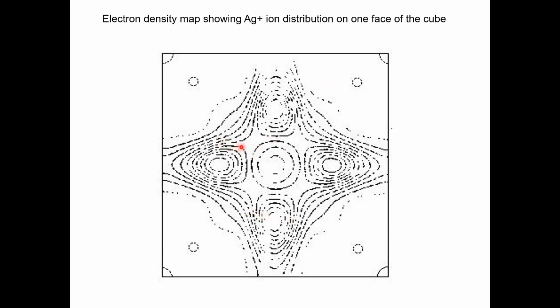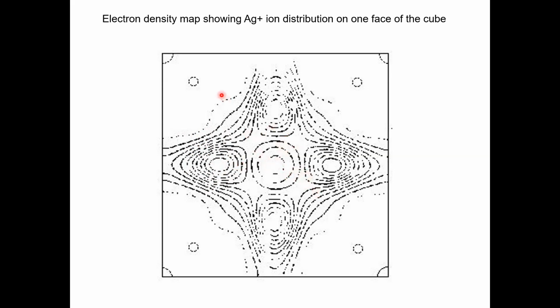So these are the characteristic scattering map, if you wish, coming from the silver ion. In this electron density map, if the contours are closely packed, that means high density, high concentration. And if they're loosely packed, then low concentration.